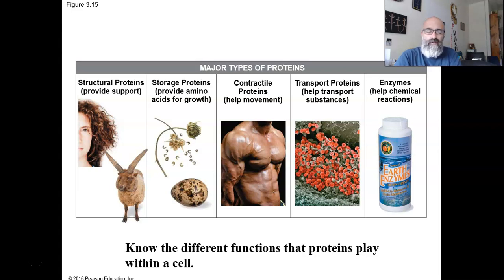It's not too simplistic to say if it happens inside of a cell, it happens because of some protein. Enzymes, whether you can digest milk, really any chemistry that happens inside of a cell happens because of an enzyme. Enzymes are proteins that need to be shaped correctly because the genetic code for that protein is correct.